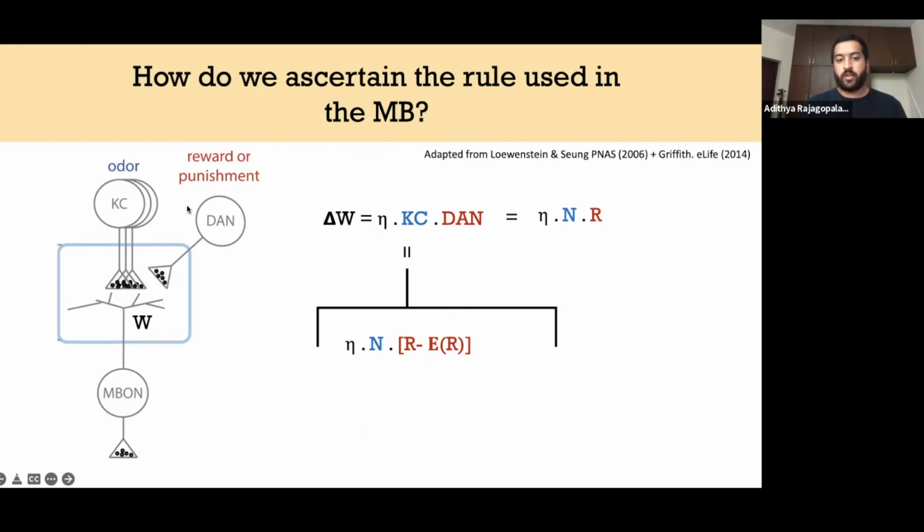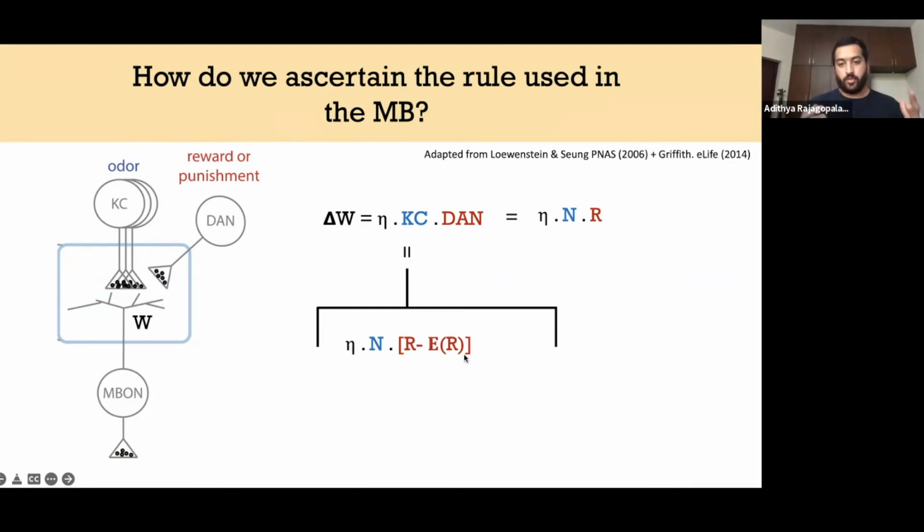If the dopamine neurons represented just a reward, if they just represented whether reward was present or not, it would likely be a non-covariance-based rule taking place at the synapse. If the dopamine neurons represented something that accounted for the expectation of reward from a particular option, so if the animal chooses option 1 and it expects a reward 80% of the time, when it actually receives a reward, these neurons will be less active.